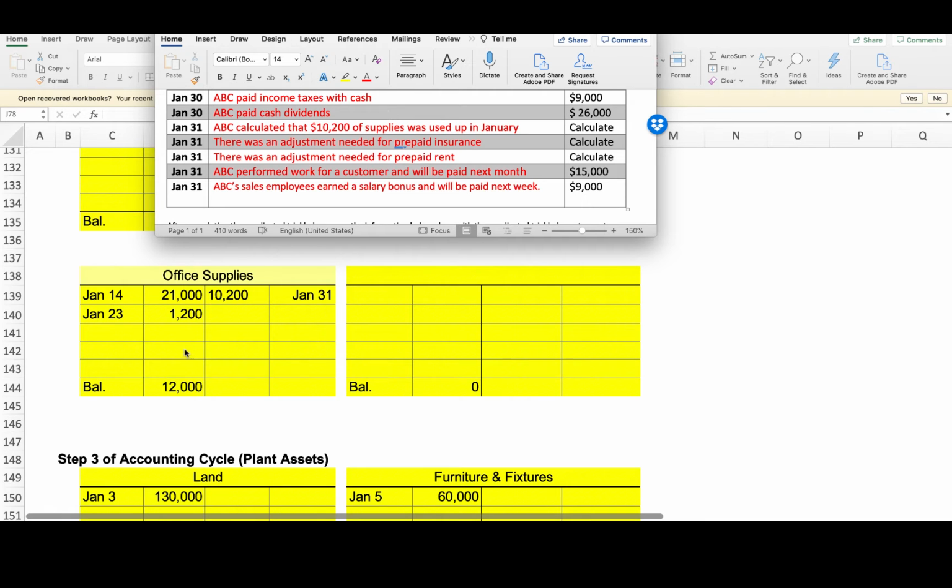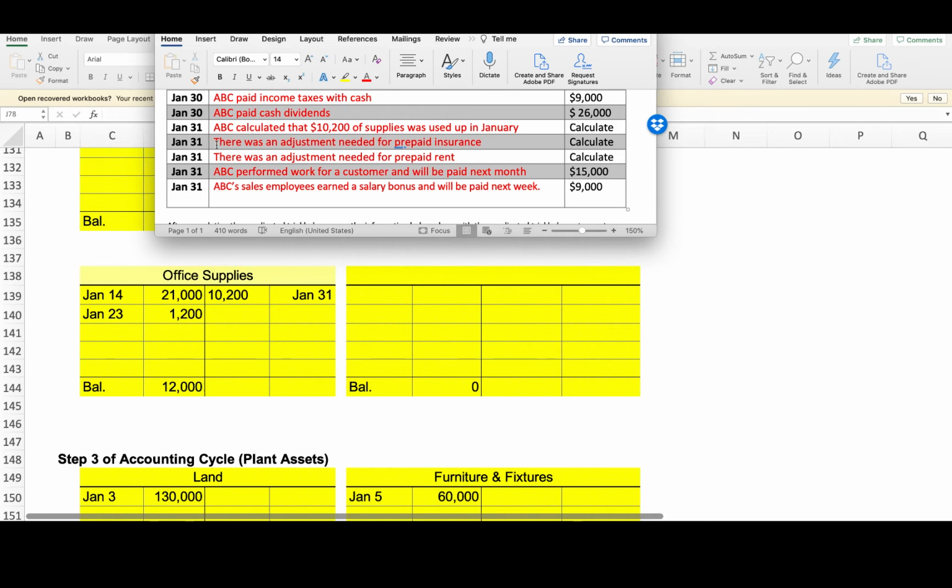You would just say, okay, here's the total amount that we had at the beginning, 22,200 minus 10,200 minus 12,000, and then you would get the journal entry. So remember, this can be asked two ways. I can either tell you how much was used up, or I can tell you the balance. If I give you the balance, then you have to calculate what was used up.